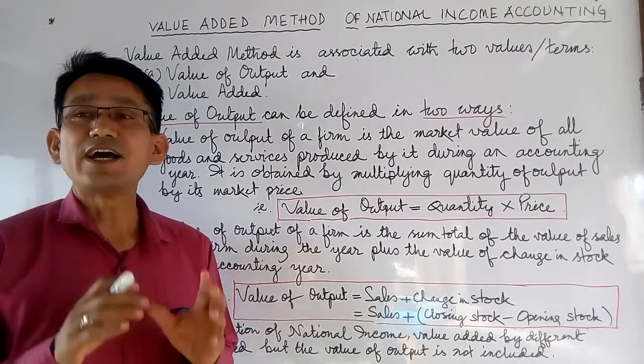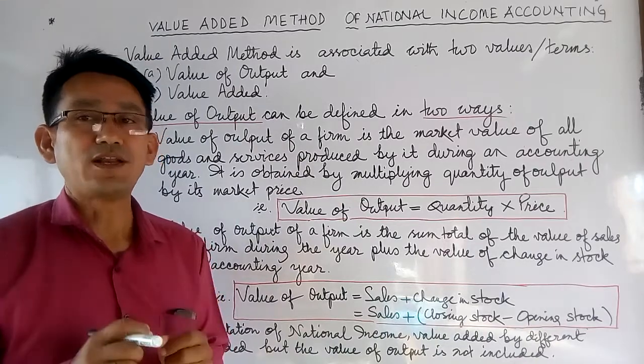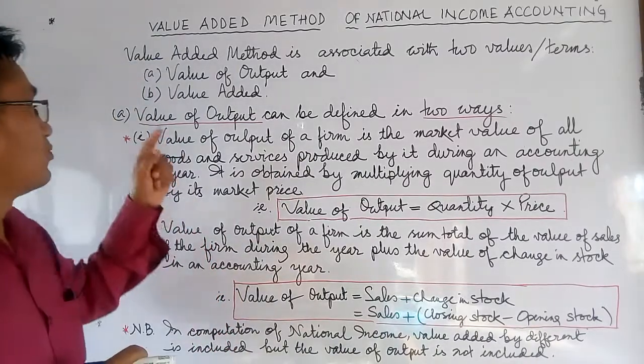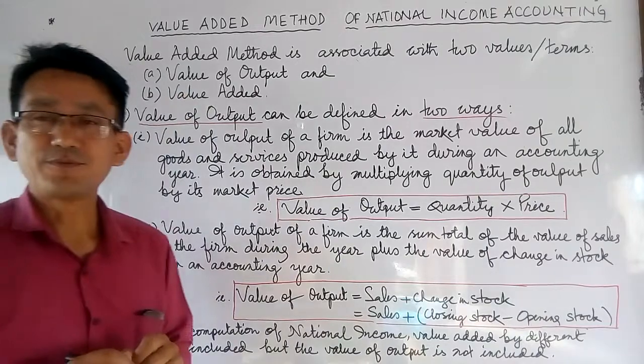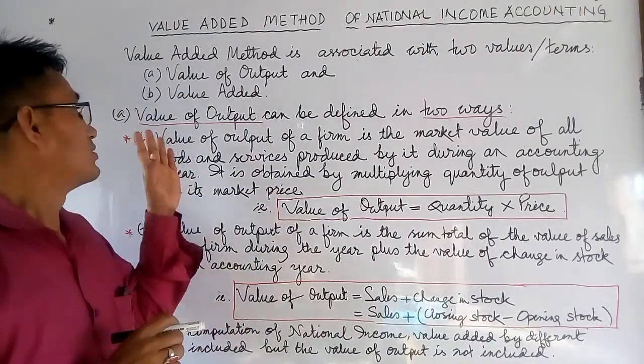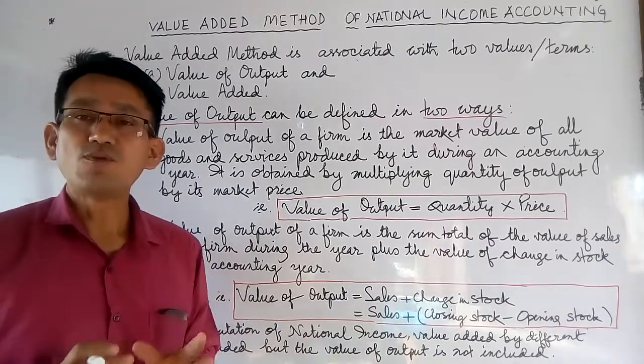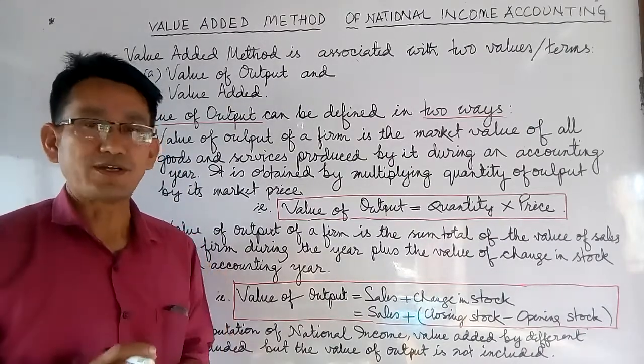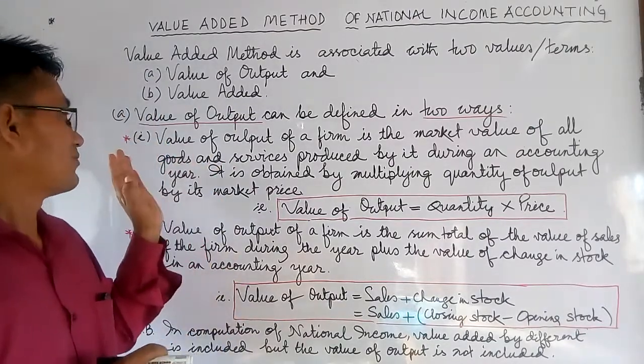The value added method is associated with two values, that is value of output and value added. We need to know both the terms. So what is the value of output? Value of output can be defined in two ways.